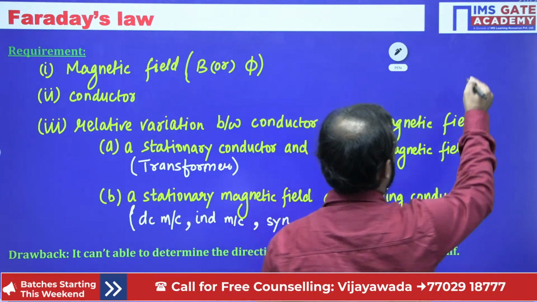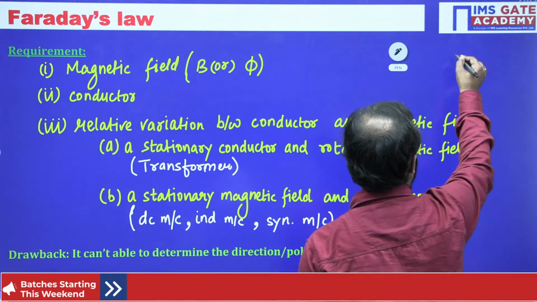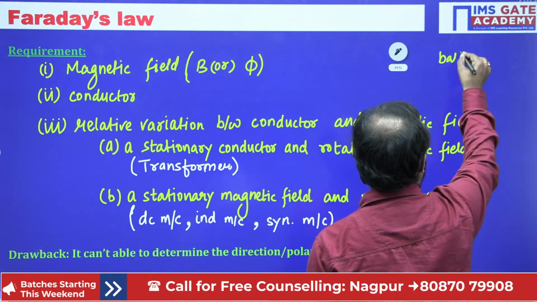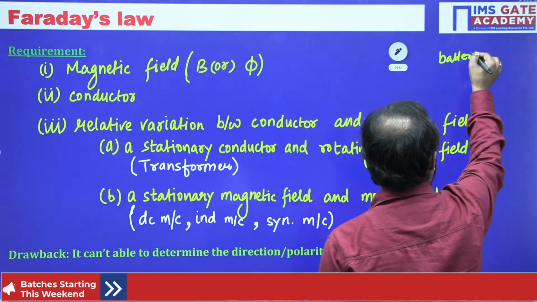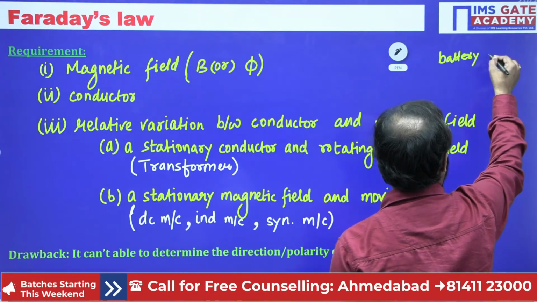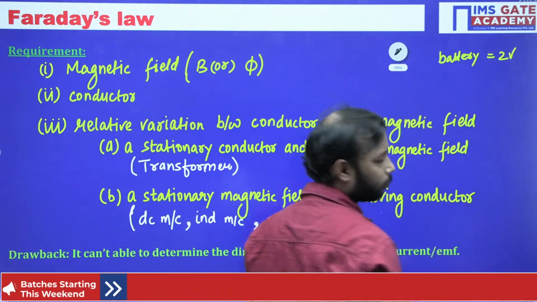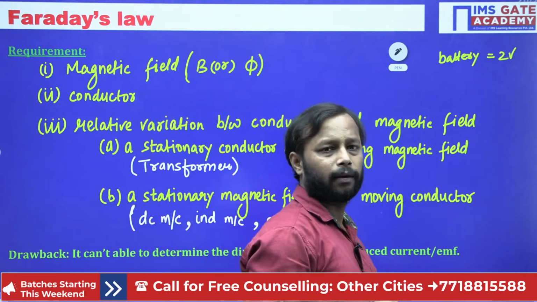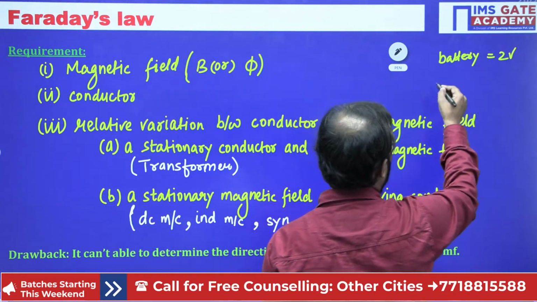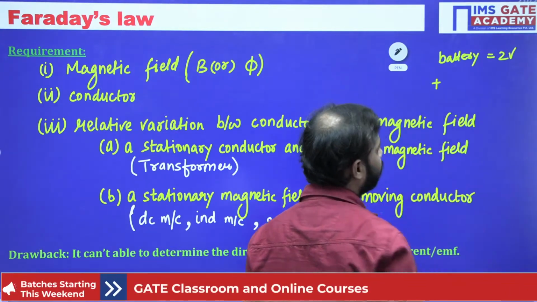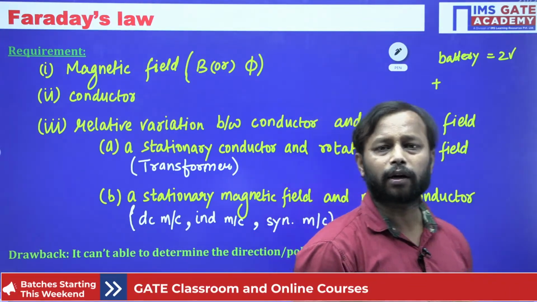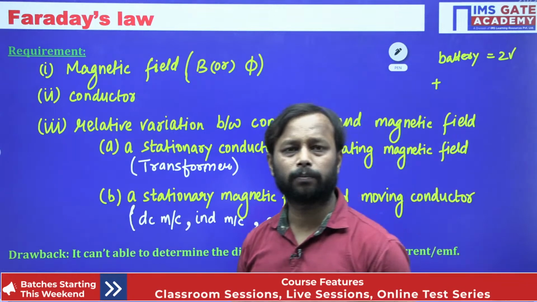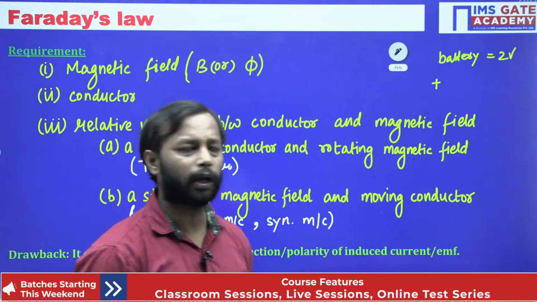Suppose I give you a battery which has the value of 2 volt. Can you tell me whether the plus sign will come towards the left side or the right side? No, isn't it? It is not possible to tell.